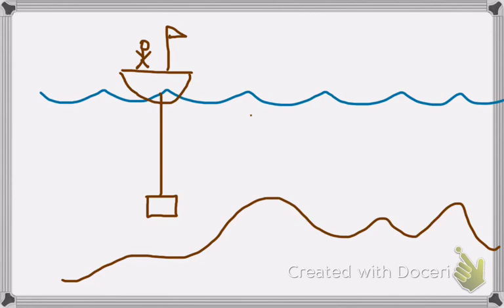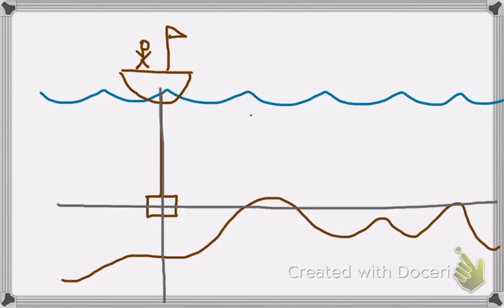So if I wanted to turn this into a graph, my graph would look something like this. Notice that it's underwater, but the ocean hills are going to be represented by positive numbers. The valleys are going to be represented by negative numbers, even though it's still underwater.